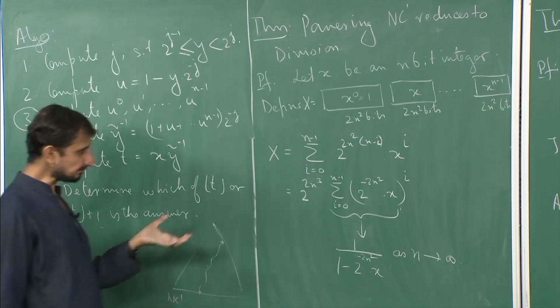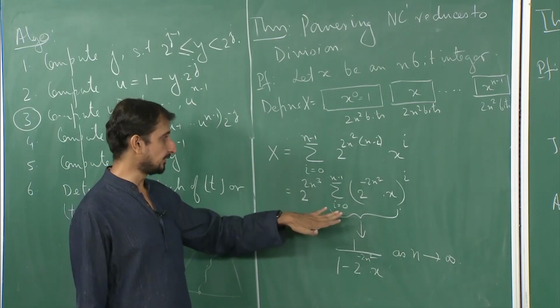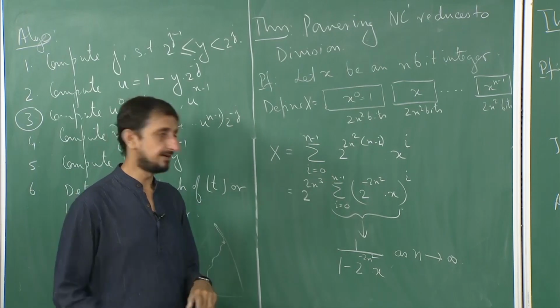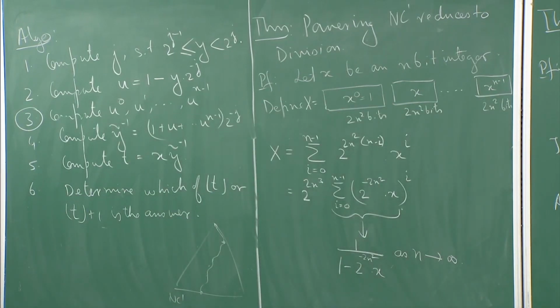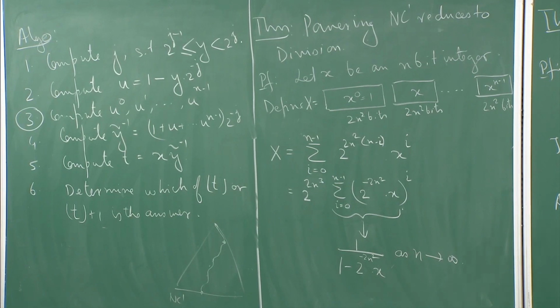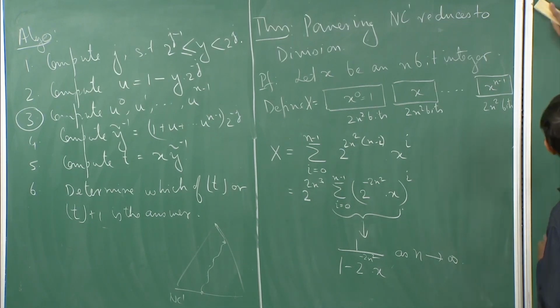But what I have here is not n tending to infinity, but just the first n terms of this series. I will not care about that, and just look at the value of this series as n tends to infinity, because beyond that the terms will be significantly small.